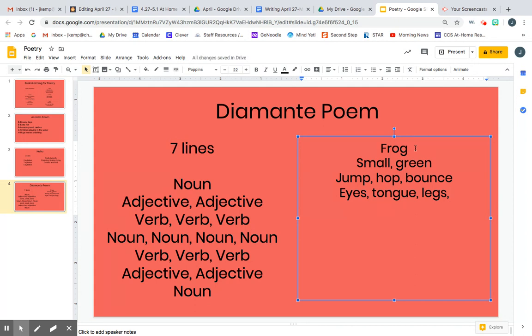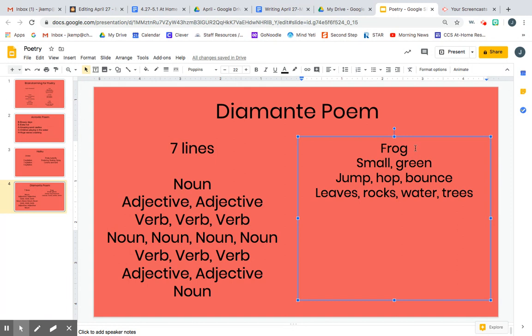And I need 1 more noun. Rock, because they're up there on rocks a lot. You know what? I'm going to switch that. I'm going to put all different things that they like to be in or on. So I'm going to say leaves, rocks, water, and trees. Those are all places that they like to live.